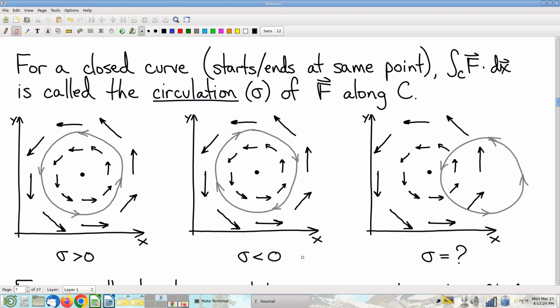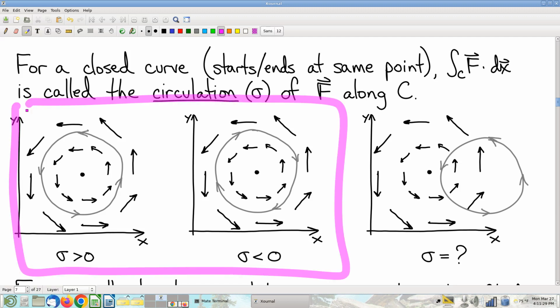Okay. All right. Sometimes it's really not clear. These first two examples that I've drawn here are idealized, right? The flow lines for this fluid are perfect circles. What are the odds, right? Real world, not so much.